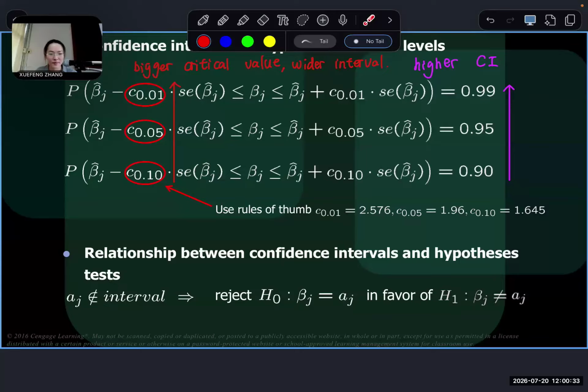Okay? Let me repeat. If a j falls outside the interval, this is equivalent to rejecting H0 in favor of H1 at the corresponding significance level.